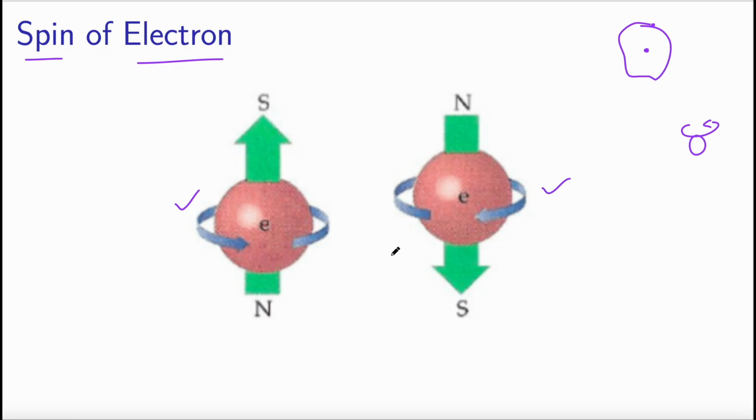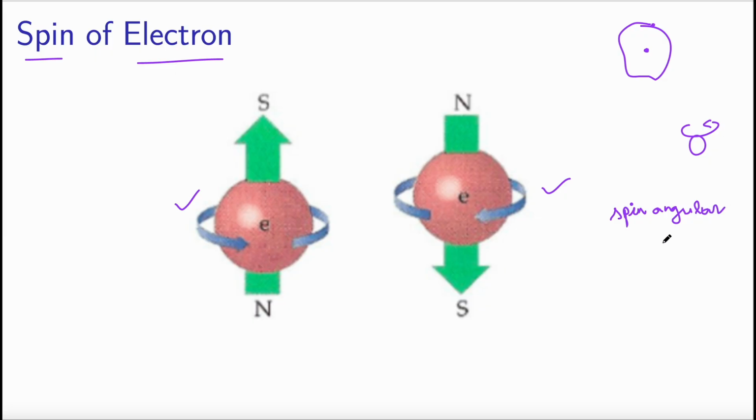If we measure the spin, it is like an angular momentum. When we say spin, actually I mean spin angular momentum.